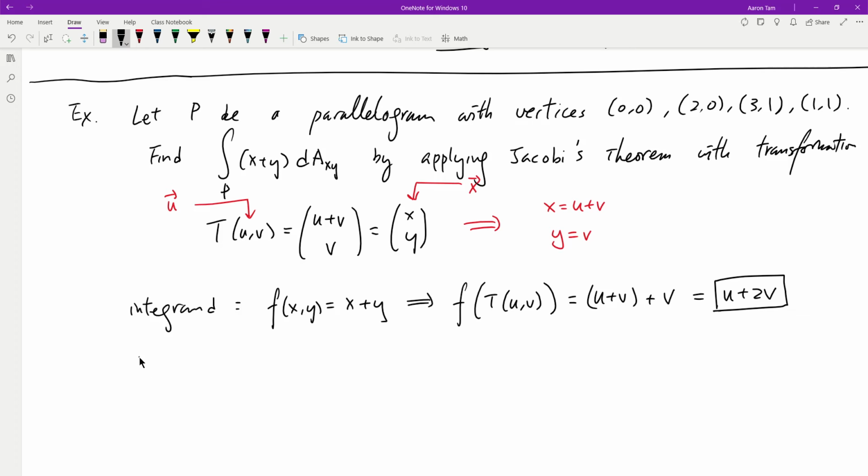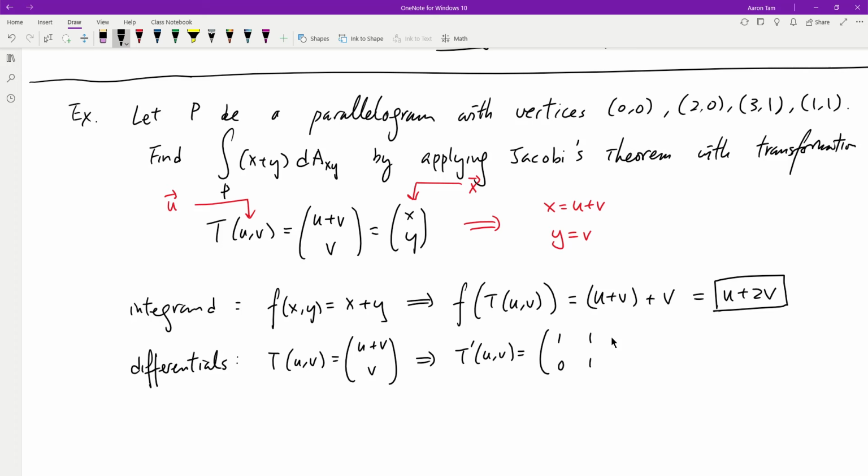Next thing we need to do is the differential, which is also very straightforward, because we know that T of (u, v) is (u plus v, v). So therefore I can say that T prime of (u, v) will just equal the matrix [1, 1; 0, 1]. And so now I can find the Jacobian determinant, which is the determinant of T prime.